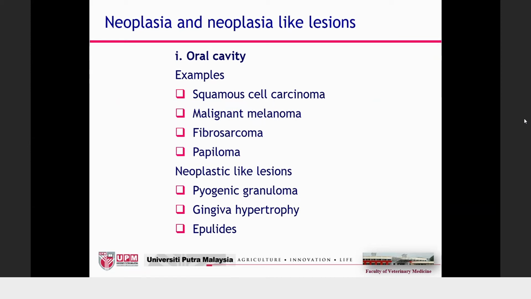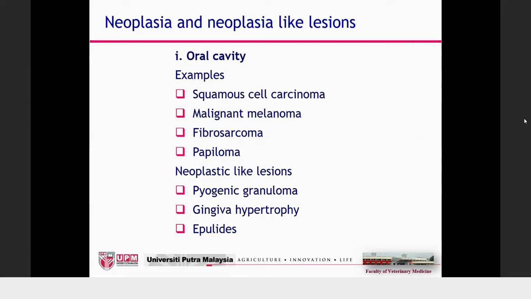But sometimes, particularly in cases of pyogenic granuloma, they might look like fibrosarcoma. Actually, they are granuloma. A granuloma is a result of a chronic inflammatory reaction, usually due to a bacterial infection. Gingival hypertrophy sometimes also looks like papilloma, but it is actually hypertrophy.